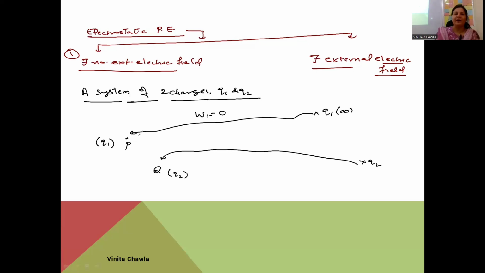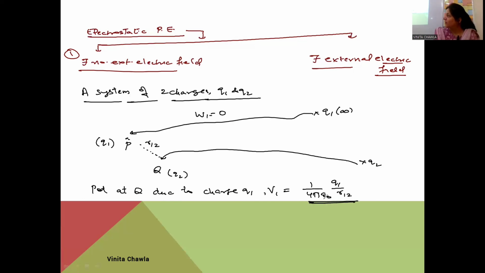Okay, if we want to find the electric potential at Q2 due to charge Q1, then we can write V1 as 1 upon 4 pi epsilon naught Q1 by R12, where let the distance between these two charges be R12.